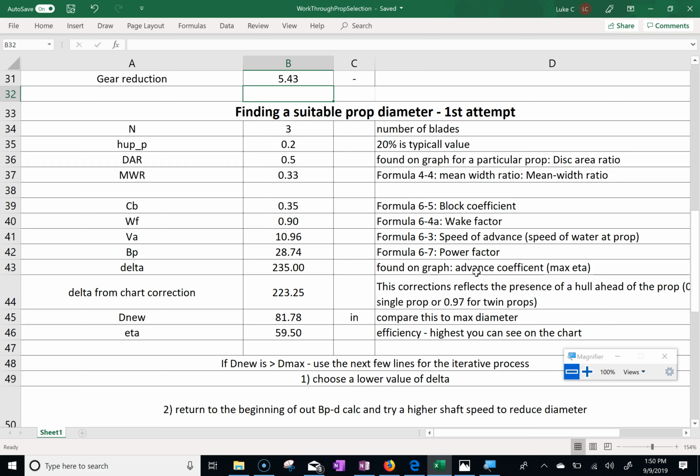Now what we need to do is pick a blade type. Is it cup? Is it oval? What's the thickness? These are what these are. The number of blades. Then there's more equations. And we're going to use the charts that are in the packet to figure this out.